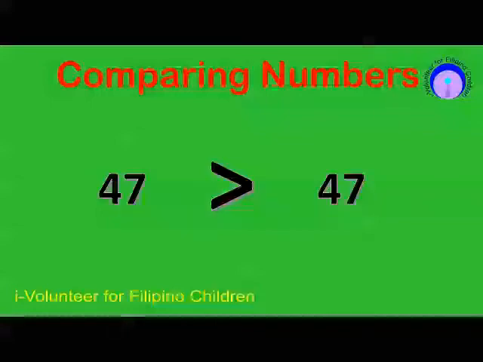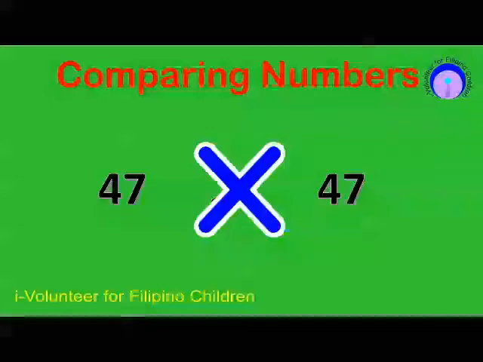The number is 47. It is greater than 47. The answer is false. The correct answer is 47 equal to 47. Is the expression 47 greater than 47 true? The answer is false.